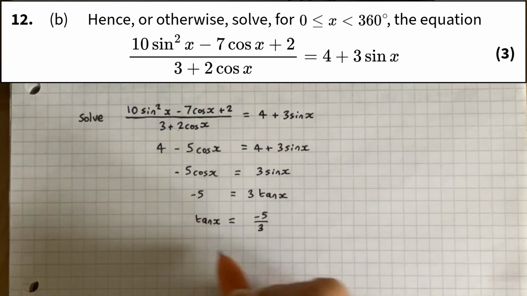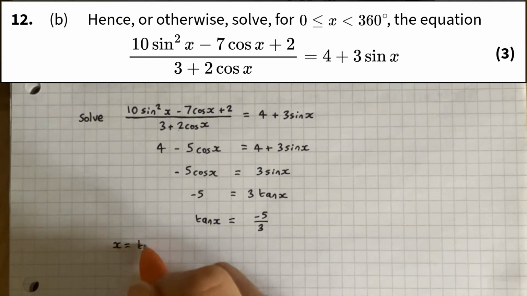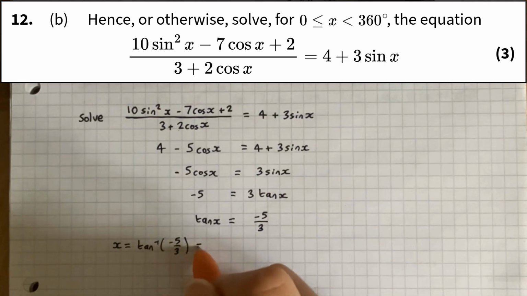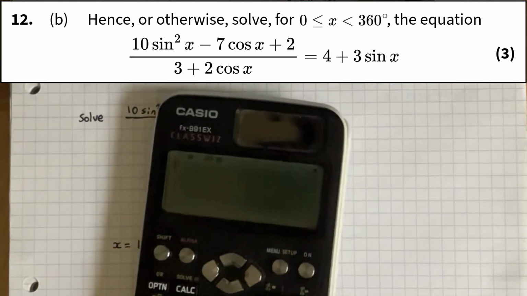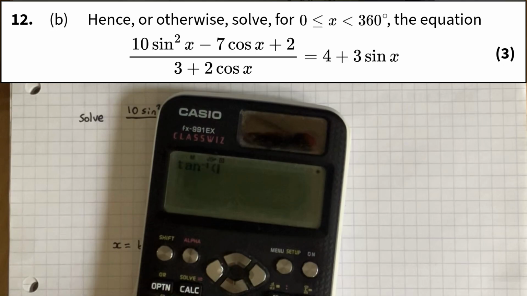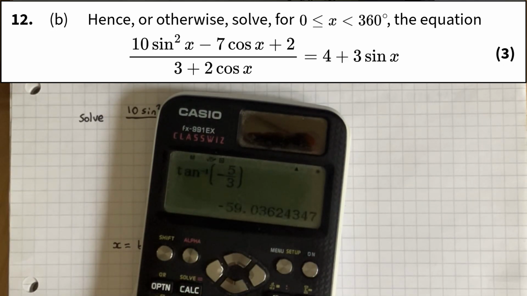I can't work out tan of x in my head. So what I'm going to use is the calculator. I'm going to do tan minus 1 of minus 5 over 3, and I'm going to see what I get. So using my trusty class whiz, I type in tan minus 1, we get this very, very long decimal.